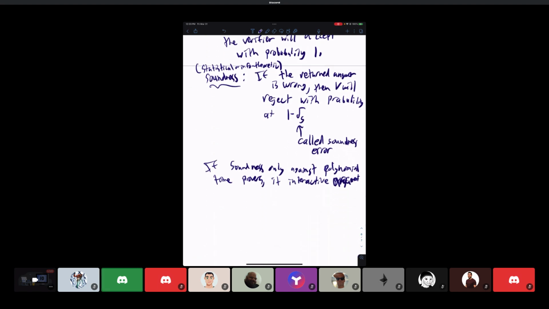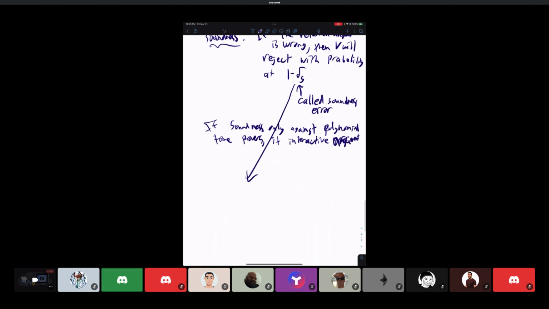Okay, in practice, typically our interactive proofs will be defined over some finite field, and delta S, the soundness error, will be at most, typically it's some polylog. It can depend. Some not terribly large quantity that grows with the complexity of the statement being proven. So let me just call that complexity n.